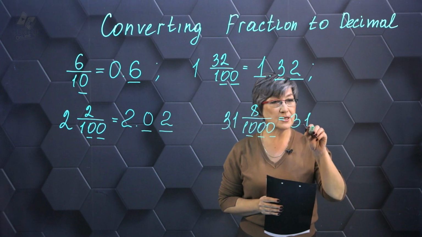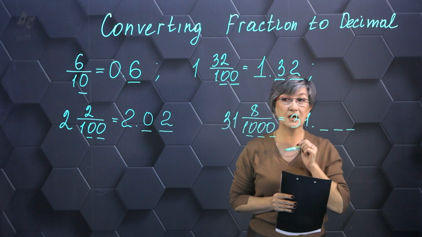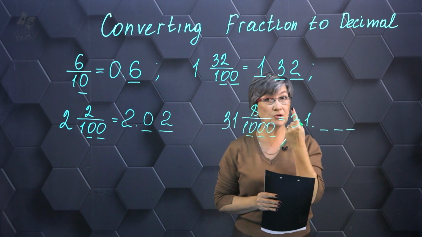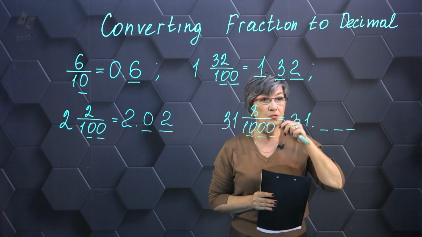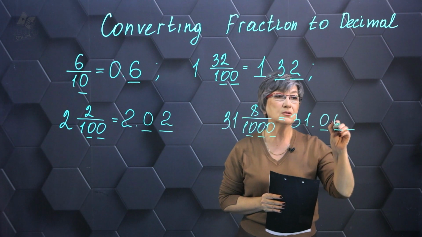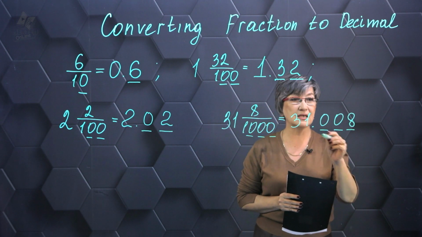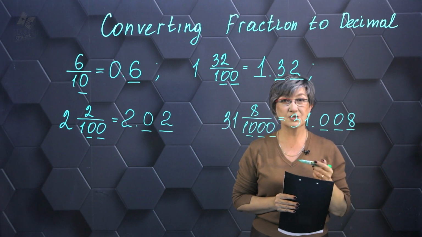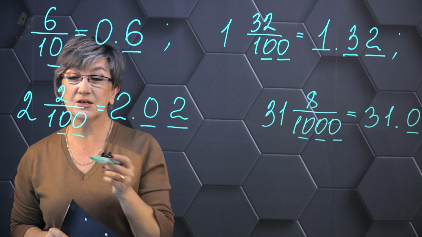So I should have 3 digits after our dot, but I only have 1 digit in the numerator. So in order to equalize the number of digits, I add 0, 0, 8, and the result is 31 whole 8 thousandths.